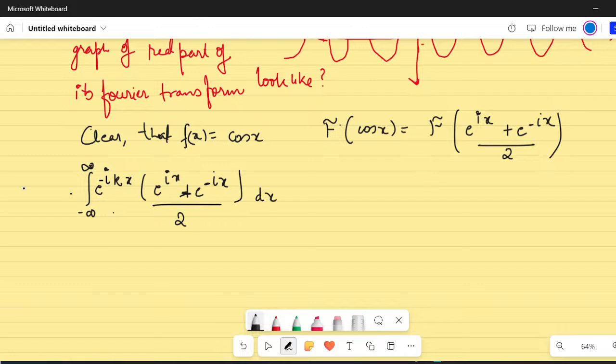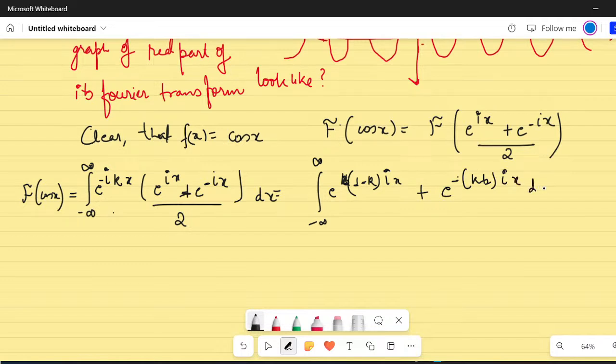So this is the Fourier transform of your cos function. And what you'll get out of this is the integral from minus infinity to plus infinity of e to the power iota (1 minus k) x plus e to the power minus iota (k plus 1) x dx.